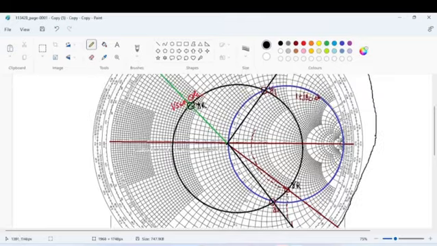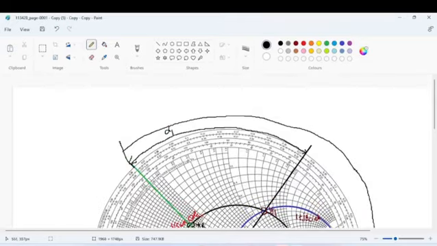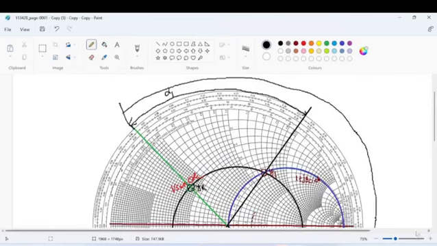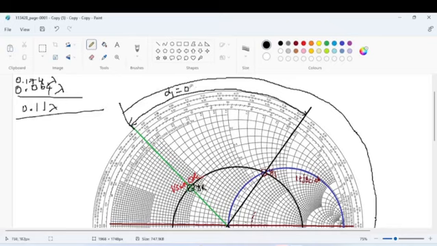If you want to find the values of d1 and d2, you look at the WTG scale in wavelengths. Here the value is 0.064 lambda, and here the value is 0.174 lambda. So the distance between these two is 0.11 lambda, so d1 is 0.11 lambda.